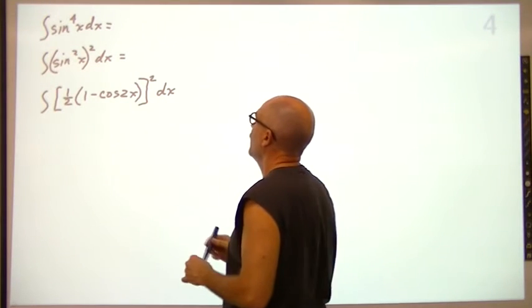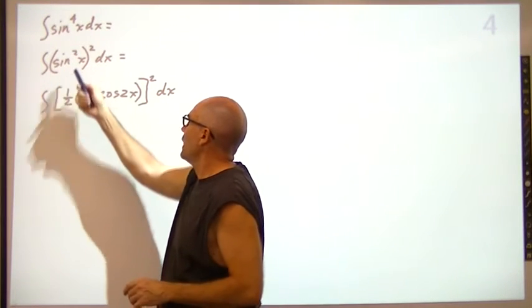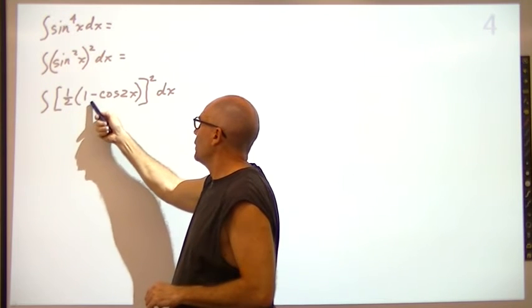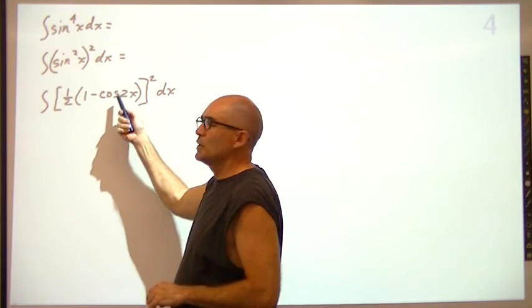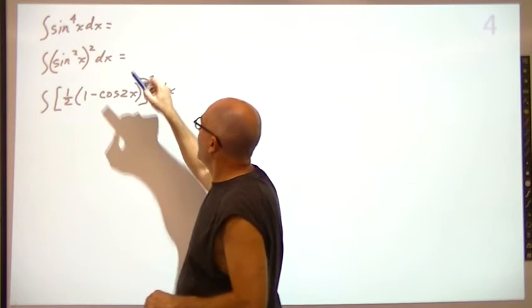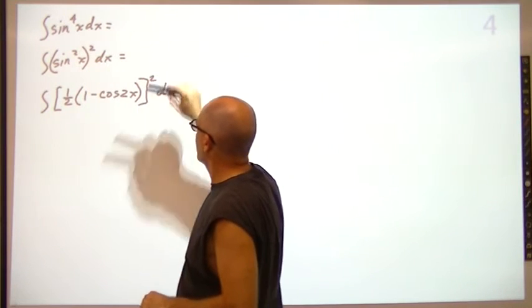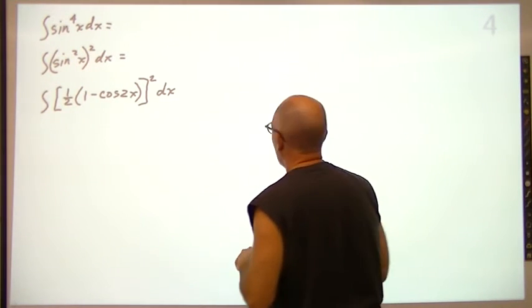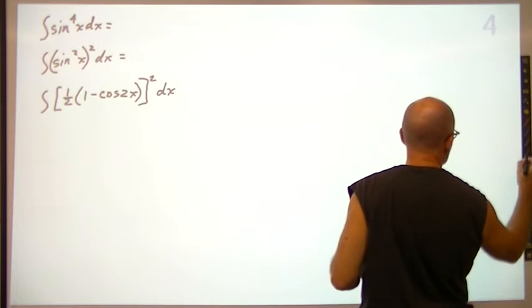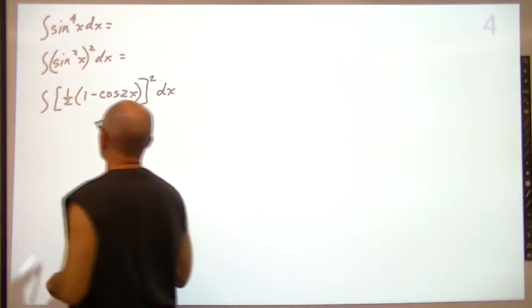Notice all I did was I made my sine squared x 1/2 times 1 minus cosine 2x, which was the identity we just learned. And since it's squared here, it's squared here. Okay, now, all I do is distribute the square.